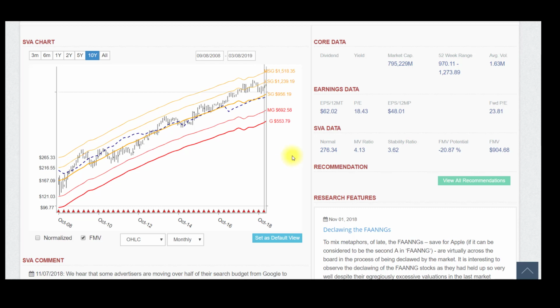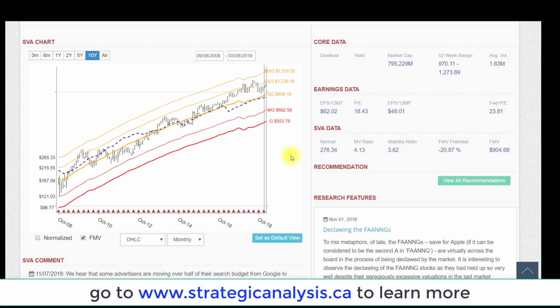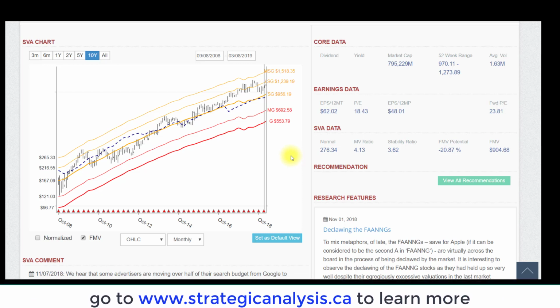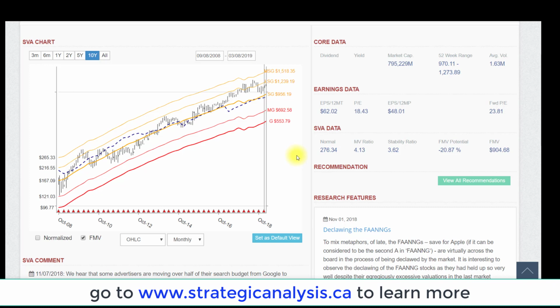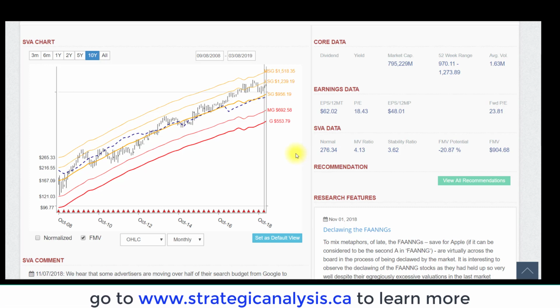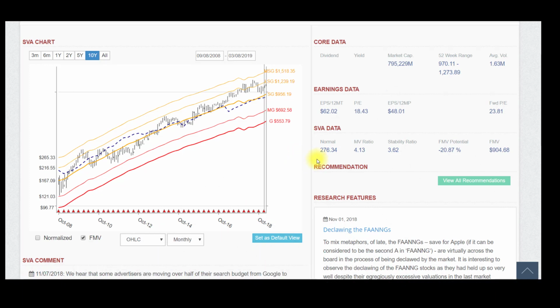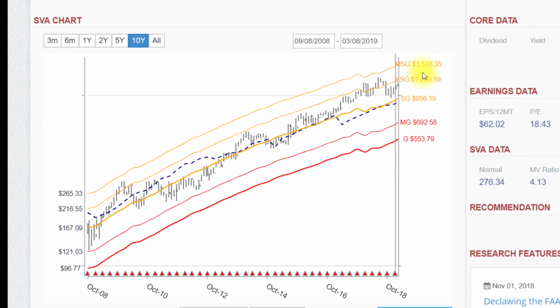In some respects, this is the easiest of all of the FANGs to analyze, because for the past 10 years, this stock has traded between two major breakpoints on our chart.